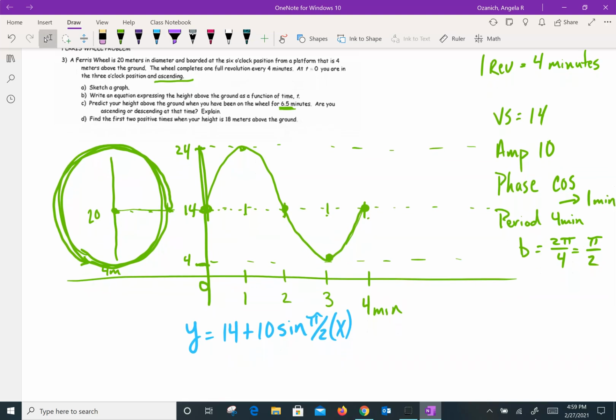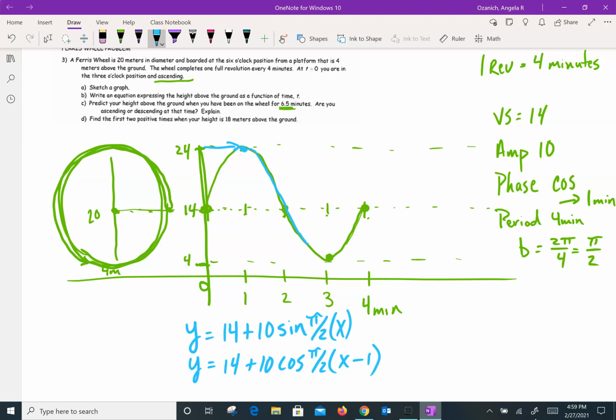For cosine, if we decide to phase shift 1 minute and start cosine, then it can be y is equal to 14 plus 10 cosine of pi over 2 times x minus 1, for that 1 minute. So that's if we're going to start here.